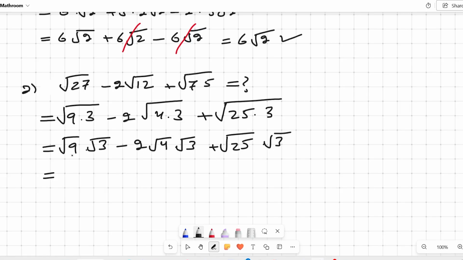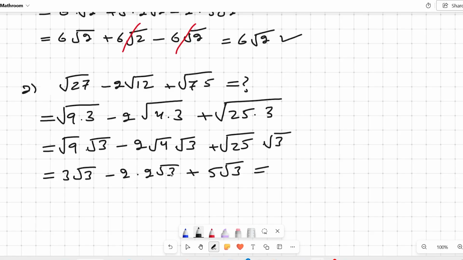Equal, the square root of 9 is 3, the square root of 3 comes itself, minus 2, the square root of 4 is 2, the square root of 3 comes itself, plus the square root of 25 is 5, the square root of 3 comes itself.